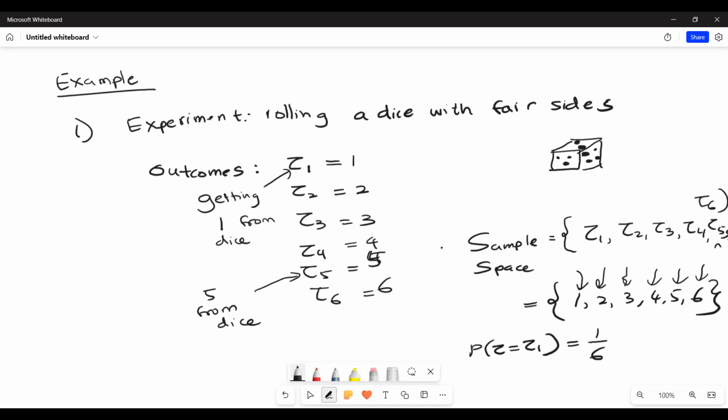Likewise, for all the other tau values, the probability is going to be 1 over 6. So that is a very simple example, and by that we can understand how to form a random variable.